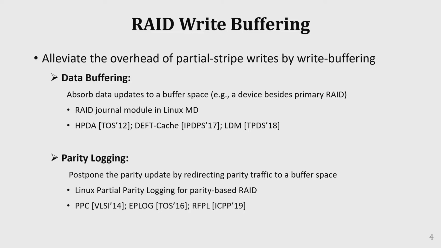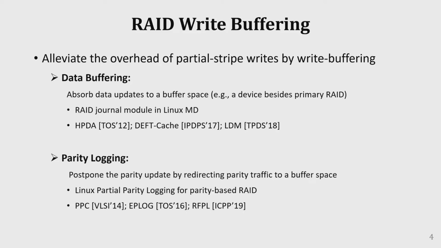The RAID buffering mechanism is a popular and mature solution for parity-based RAIDs to alleviate the overhead of partial stripe writes, which can be roughly classified into two types: data buffering and parity logging. The data buffering approaches, like the Linux RAID journal mode, absorb all data updates of RAID stripes into the buffer.